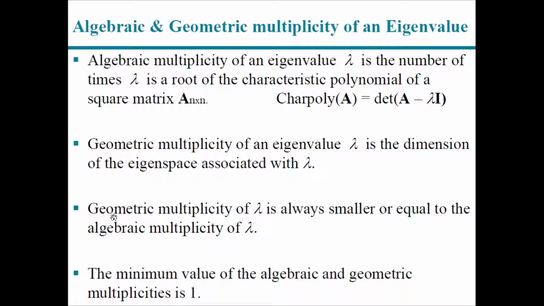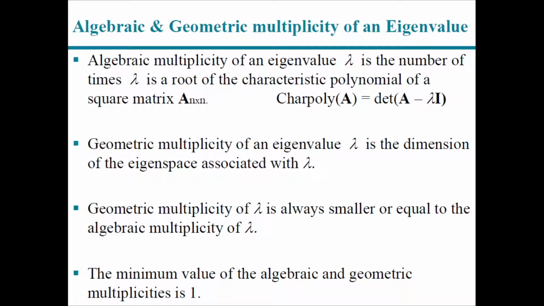Anyways, we know that geometric multiplicity is always smaller or equal to algebraic multiplicity. And both of them start at 1, obviously. So if I have, let's say, an eigenvalue of algebraic multiplicity 4, then that eigenvalue could have geometric multiplicity 1 or 2 or 3 or 4.